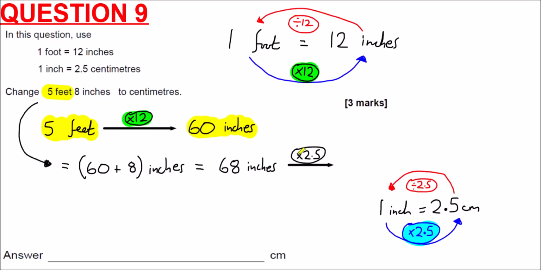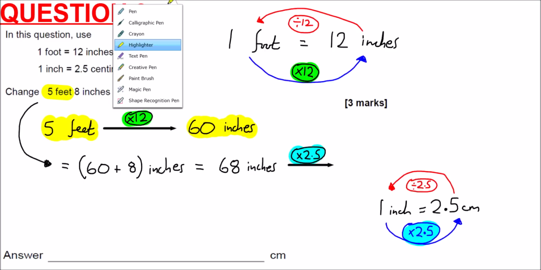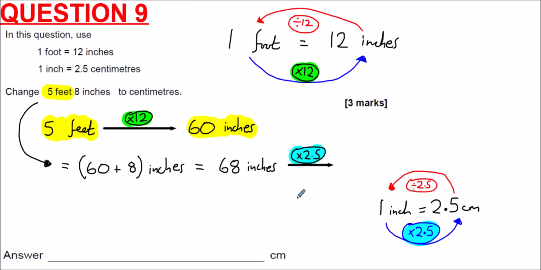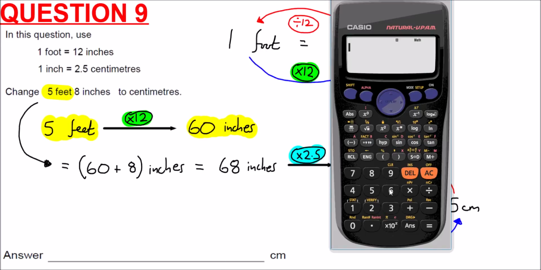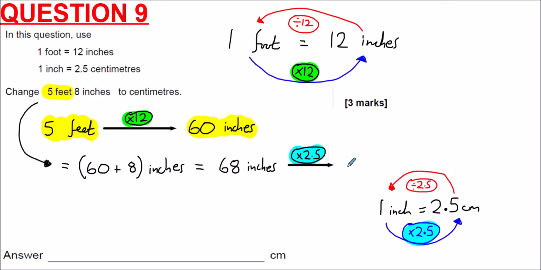So just need to get out your calculators and do 68 times 2.5 and see what we get. So for this one, 68 multiplied by 2.5 gives us 170. And so 5 feet 8 inches in centimetres is 170 centimetres. And that's our final answer for question 9.